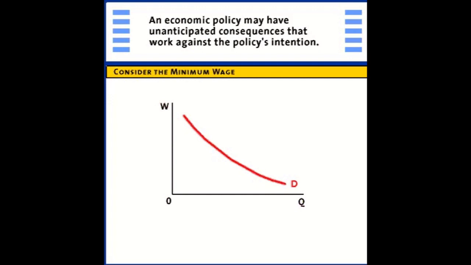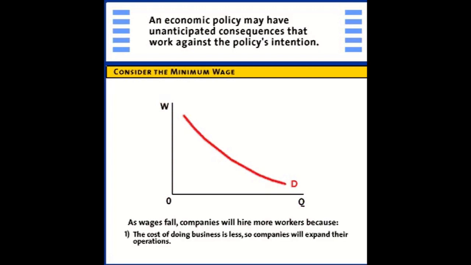Remember, when costs fall at the margin, businesses find it profitable to produce more of their output for sale on the market. So as the wage falls, the business may actually be expanding and hiring more workers. A second reason why lower wages lead to an increased quantity of labor demanded is the substitution between labor and other factors of production.